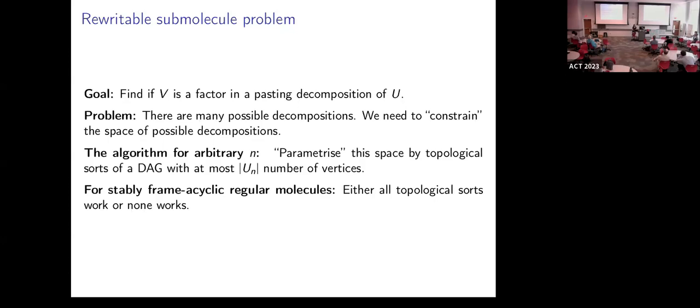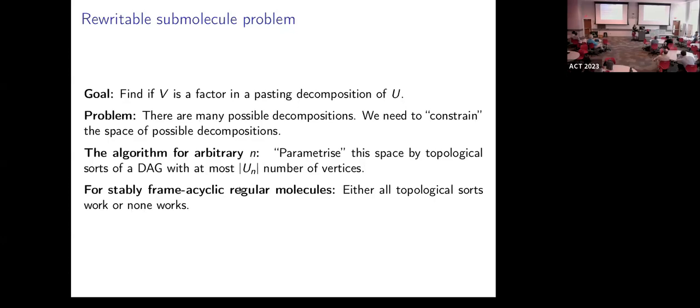So what we want is to constrain the space of possible decompositions. And to do so, we parameterize it by topological sorts of a directed acyclic graph that has at most |U_n| vertices. And then the algorithm goes through all these topological sorts until it finds one that satisfies our criteria or it fails. So in the case in which the graph is discrete, we have a factorial number of topological sorts.